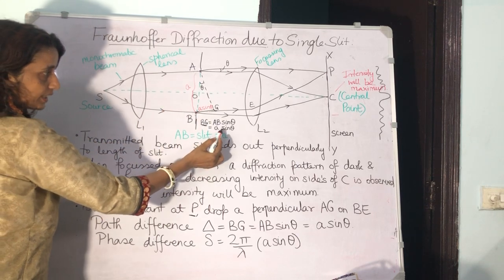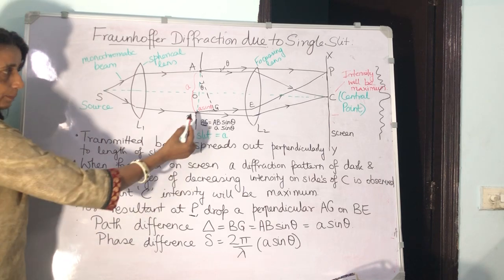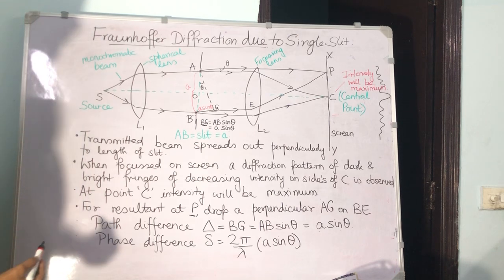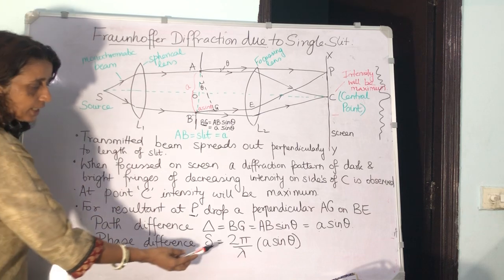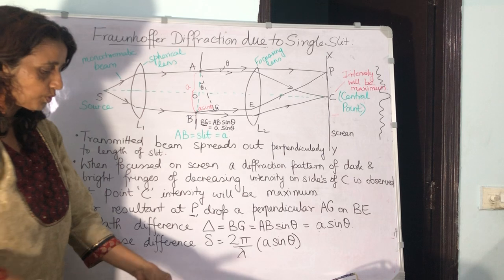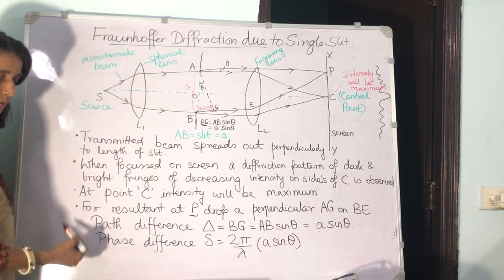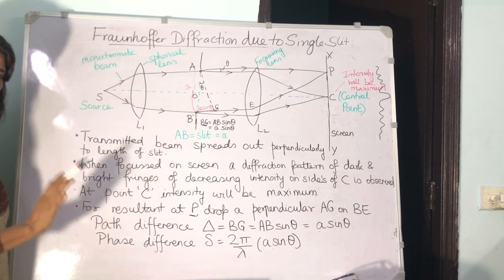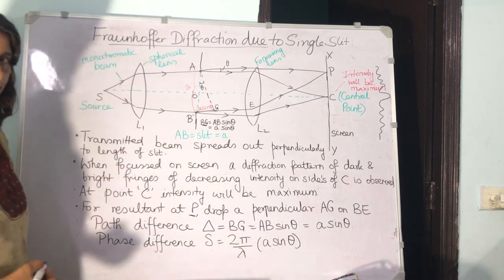AB is slit width a into sine theta. So the path difference BG is a sine theta, where a is slit width, and phase difference is 2 pi by lambda into path difference, which is a sine theta. So the path difference between the rays originating from AB varies from 0 to a sine theta.